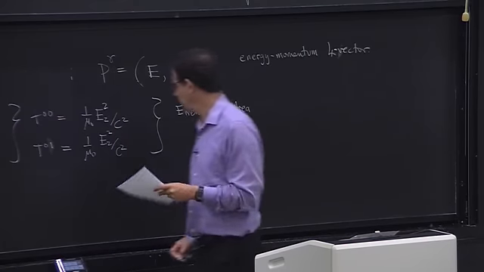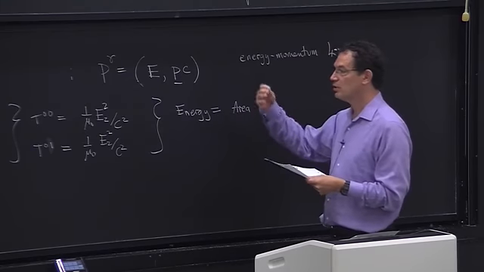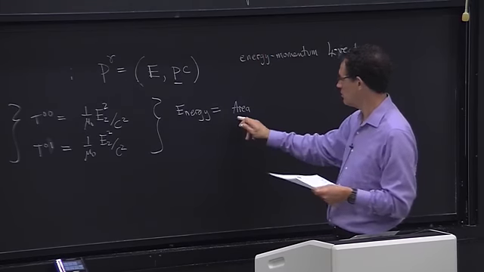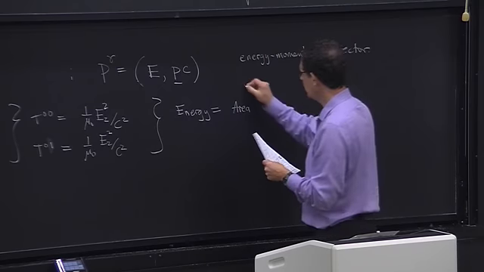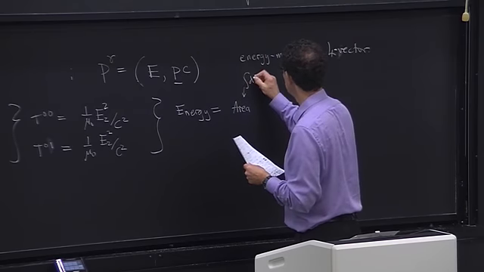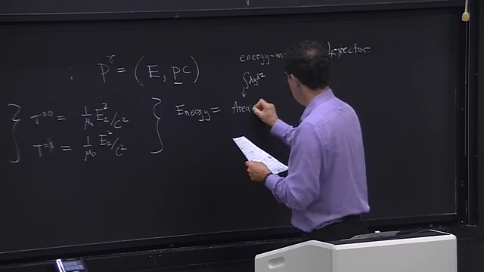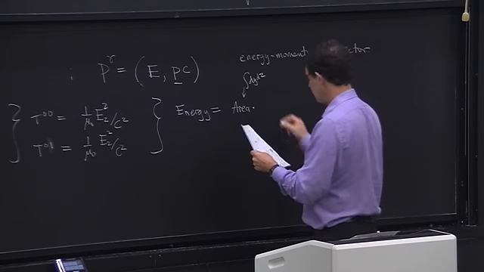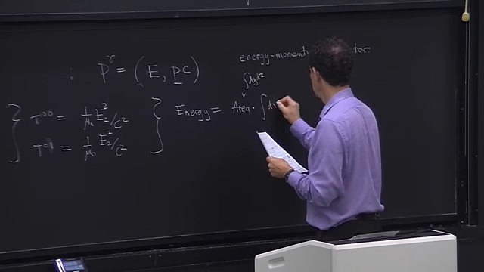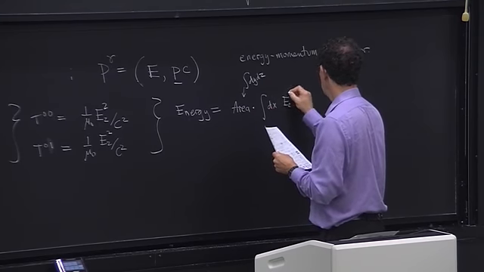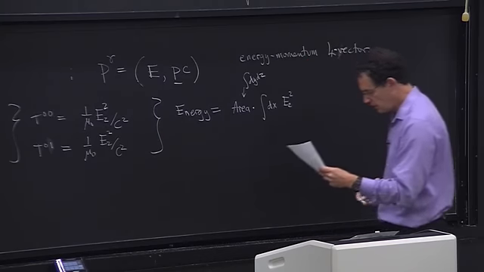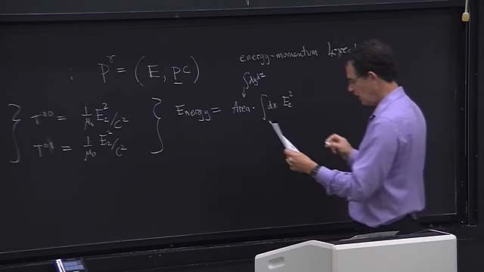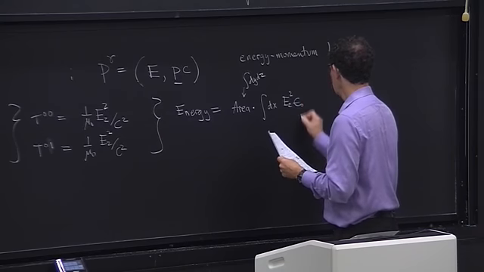Nothing depends on y and z. So the energy, the integral dx dy dz, is just the area, integral dy dz, times integral dx of Ez squared, the same function, which is just a function of x minus ct, times epsilon naught.